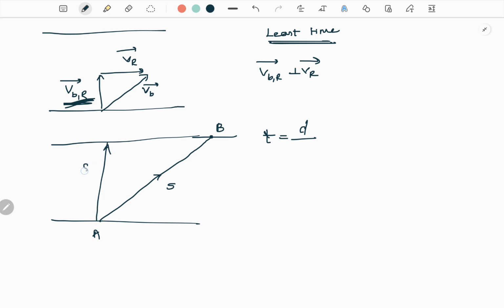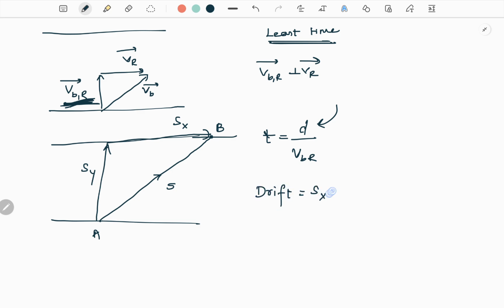Let's call this the displacement along the y direction, and this the displacement along the x direction. The displacement along the y direction would be the width of the river, which is given by d, and the component of velocity the boat has along that direction is VBR. So this is the time taken to cross the river, and this displacement parallel to the river flow we can call the drift.